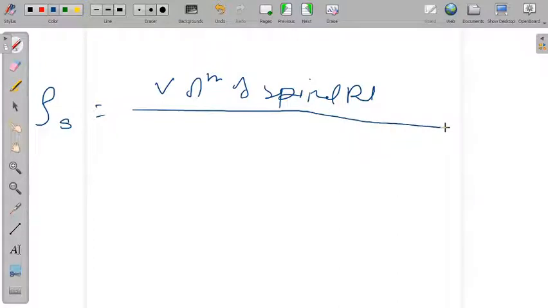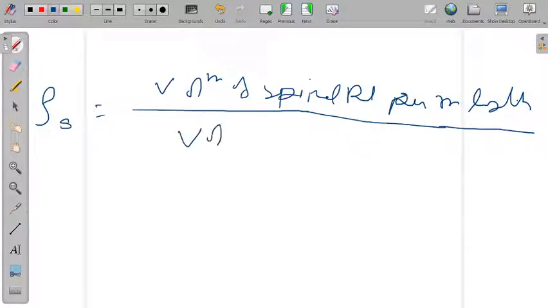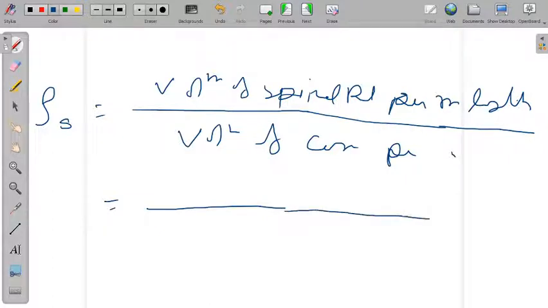So I am finding out the volume of spiral reinforcement, forget about the length, per meter length, divided by the volume of core per meter length. Okay, so that has to be calculated. Now the volume of spiral per meter length, and for the volume of core the diameter we know already. What is that? 320 mm.